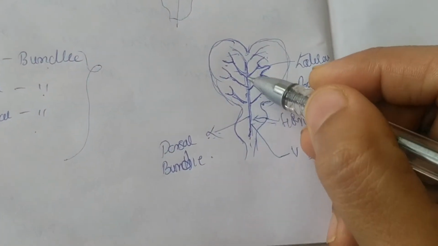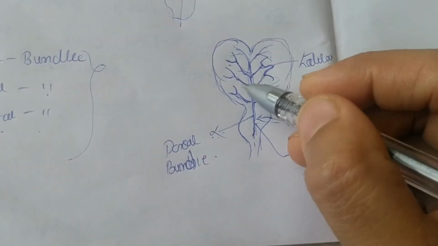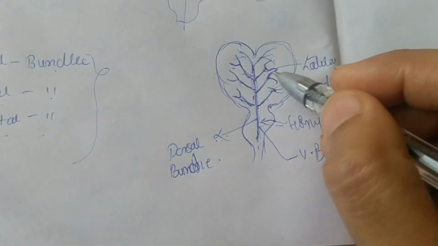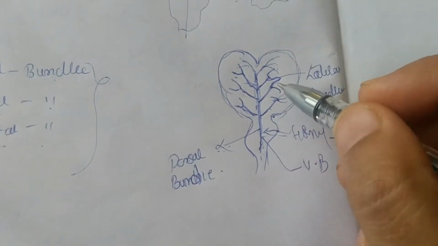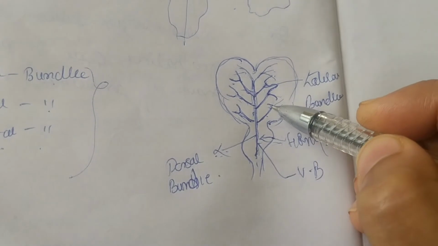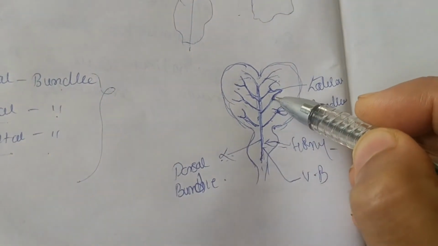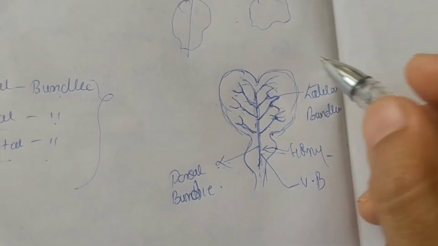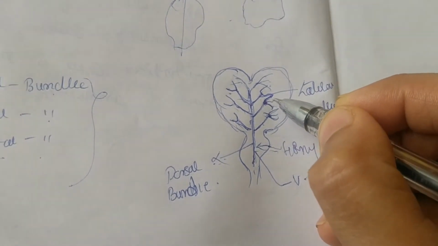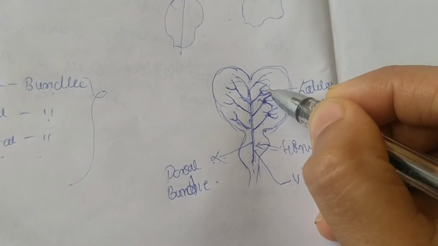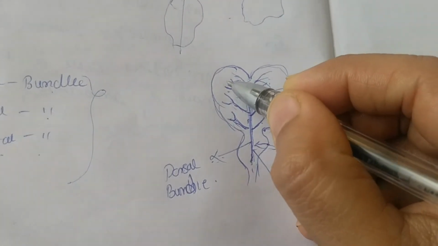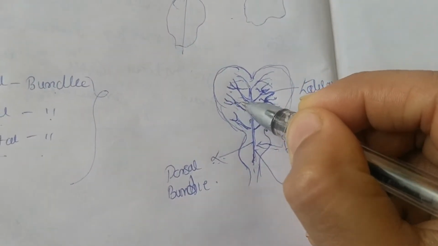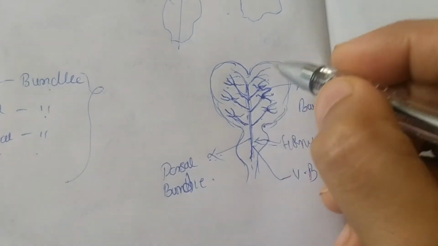Okay, this dorsal bundle divided laterally in order to reach both the sides of this sporocarp. Now this lateral one is going to divide further, leading to formation of a fork-like structure. This forking leads to formation of the placental bundle.